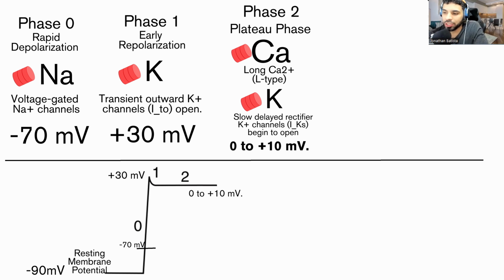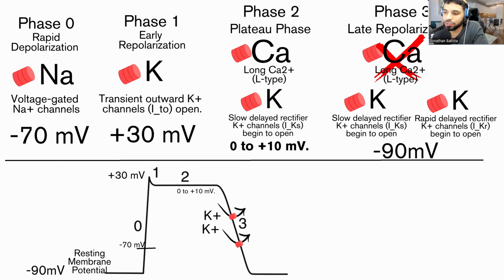Then you have your plateau phase, where you have calcium coming in. And then you have two types of potassium channels that are active: the slow delayed rectifier channel and then the rapid delayed rectifier channel. They're just two potassium channels that allow repolarization. So the phases are here: 0, 1, 2, and 3.